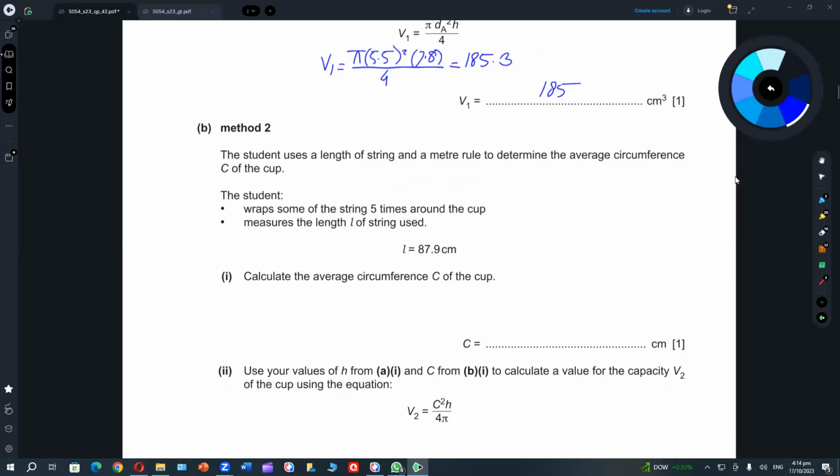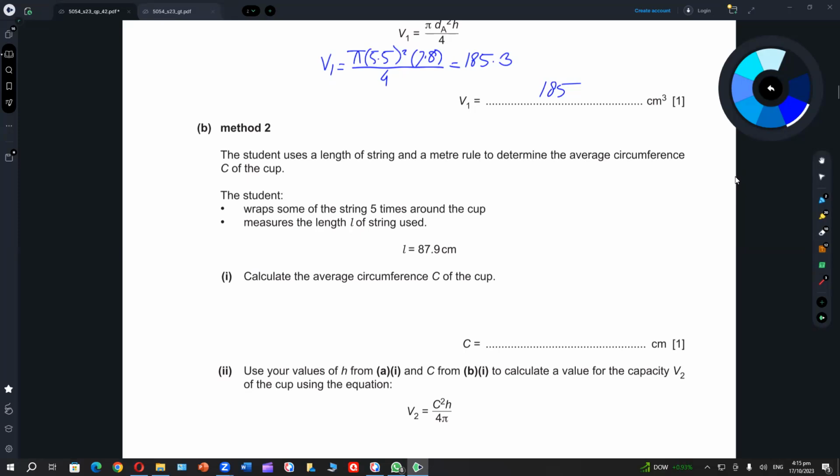Method number 2, the student uses a length of string and a meter rule to determine the average circumference of the cup. He must be planning to wrap the string around the cup, making a circle, to find the circumference.